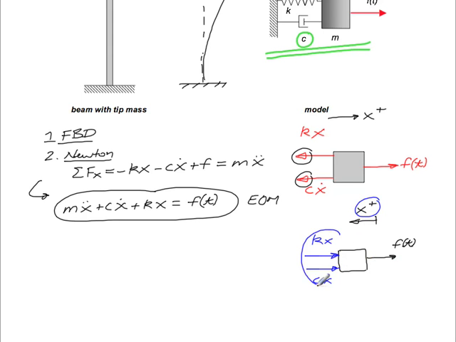I think you would agree that this and this are really one and the same when you consider the differences between the x positive to the right and x positive to the left.